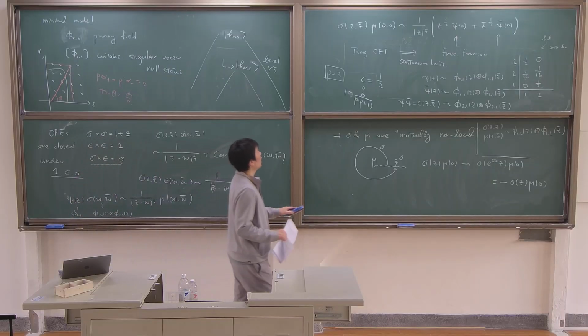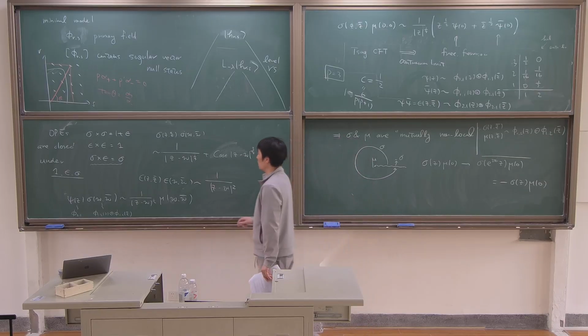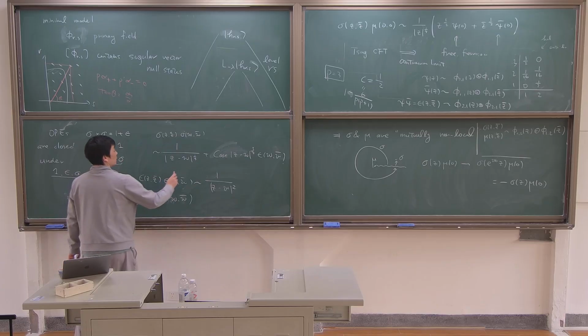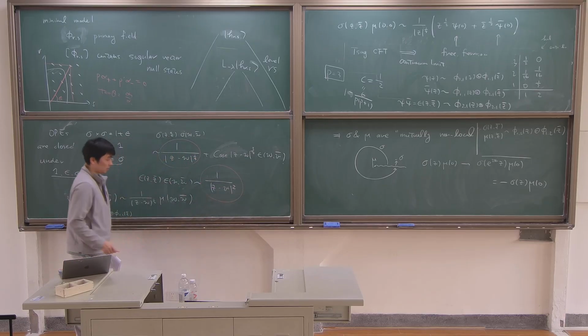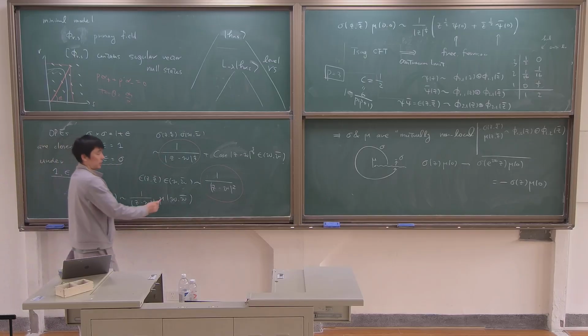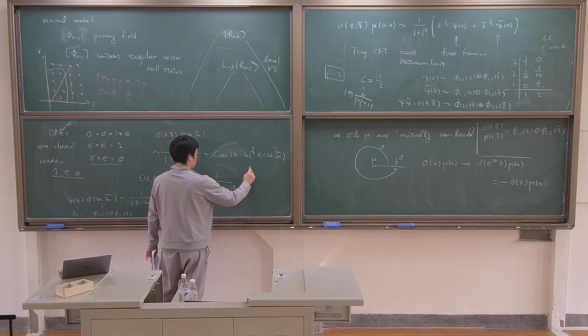And then these are the 2-point functions that appear in the minimal model, Ising CFT. And these are critical, so this power is the critical exponent.